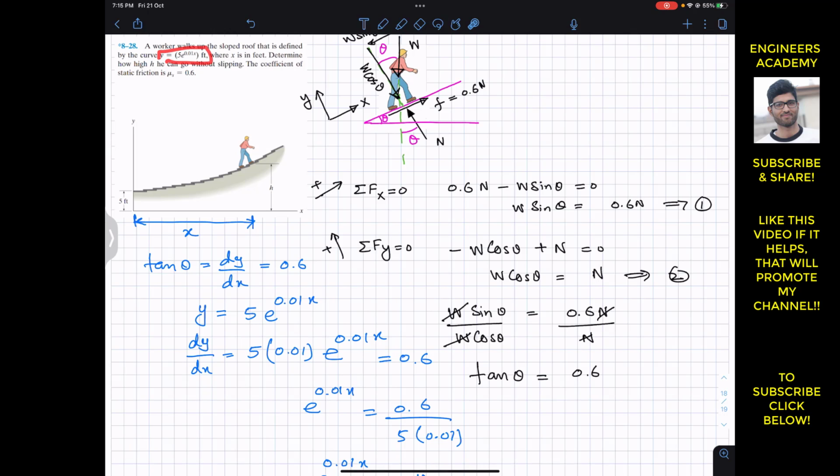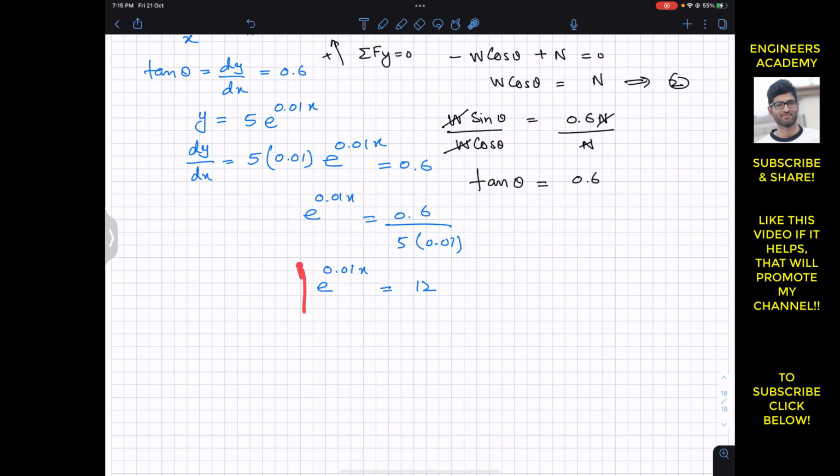So at any instant this height is represented by y, and that y is equal to 5 e to the power 0.01x. So if we find the position of the worker in the horizontal direction, we will substitute that x value in this equation, and that will give us the y value, which will be the height of the man from the ground, which is required.